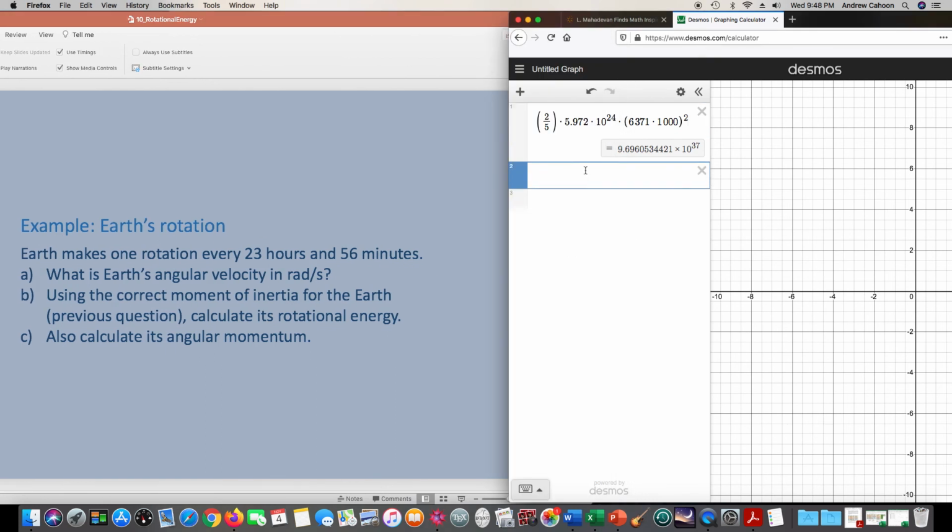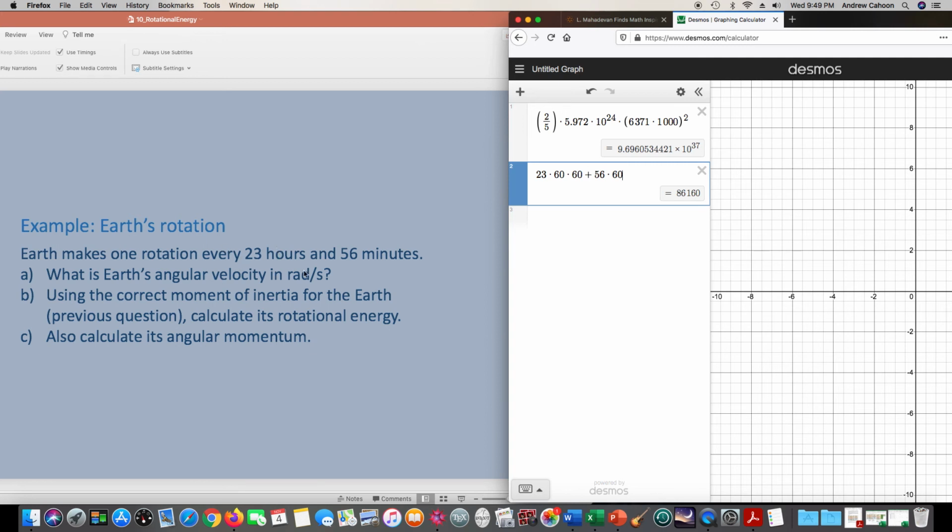So 23 hours times 60 minutes in an hour times 60 seconds in a minute would be 82,800 seconds, plus 56 minutes times 60 seconds per minute. So we have a total of 86,160 seconds that it takes to make one rotation.